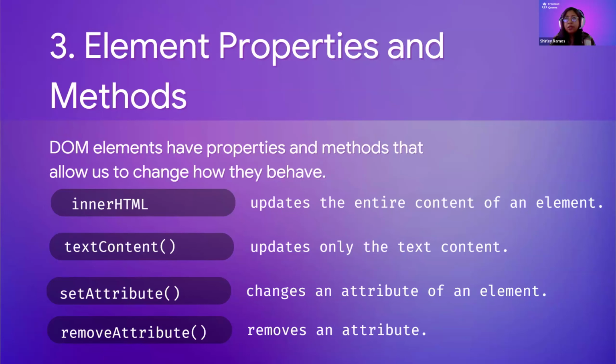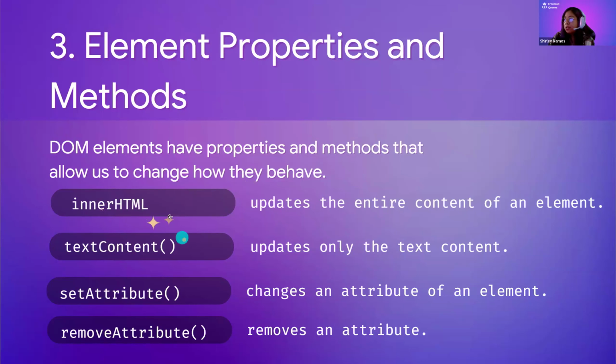We can add functionalities and all of that. We can add animation. We can also add content that is not in the HTML using JavaScript. That's why there are these types of properties and methods.